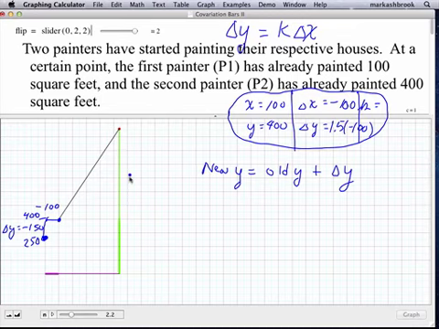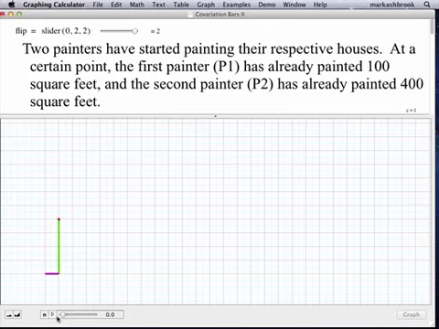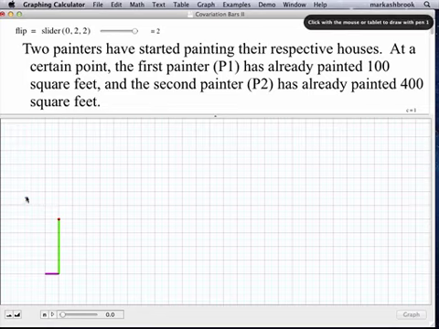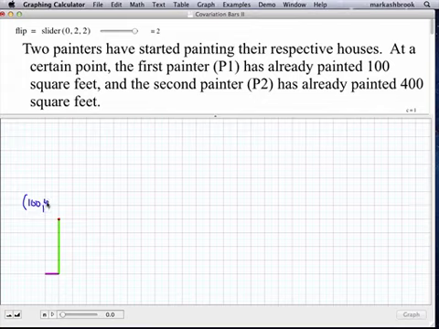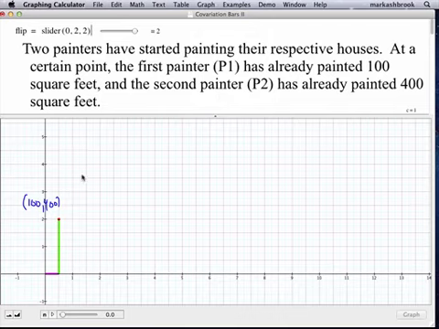Anybody have a question? So let's generalize this now. I'm going to erase. Suppose I started at this point, 100, 400. And I want to know, so let's turn the axes on. Okay, so ignore the numbers on the axes. We know this is 100, 400, okay?